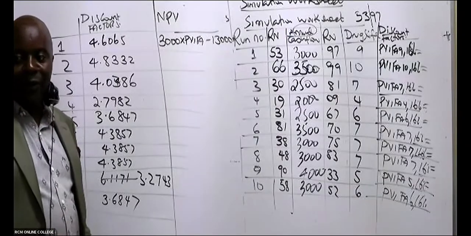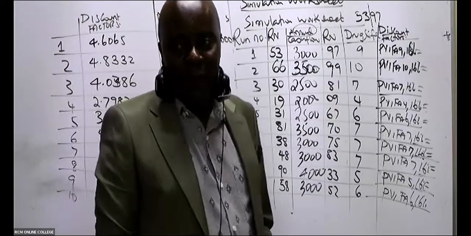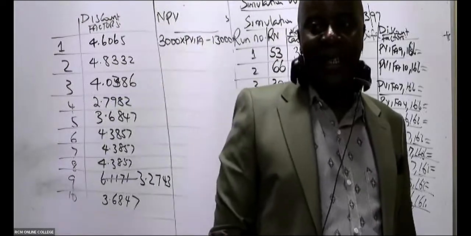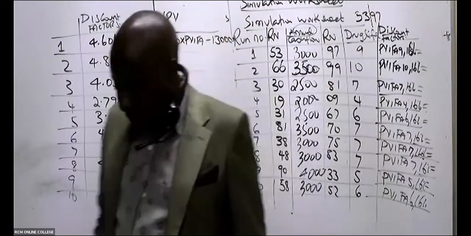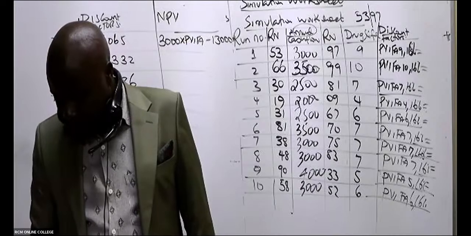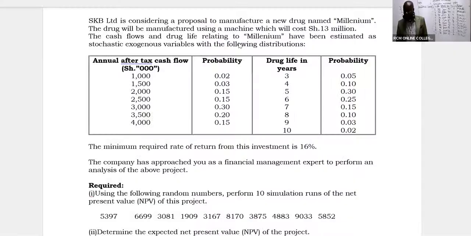But you remember your cash flows are chopped 3 zeros. Your cash flows are in shillings thousands. If you look at the question, your cash flows are in shillings thousands. So meaning that even this initial outlay, you must chop 3 zeros.